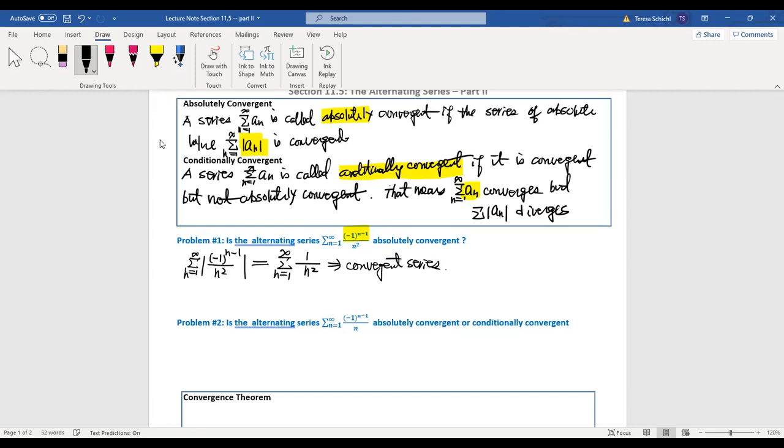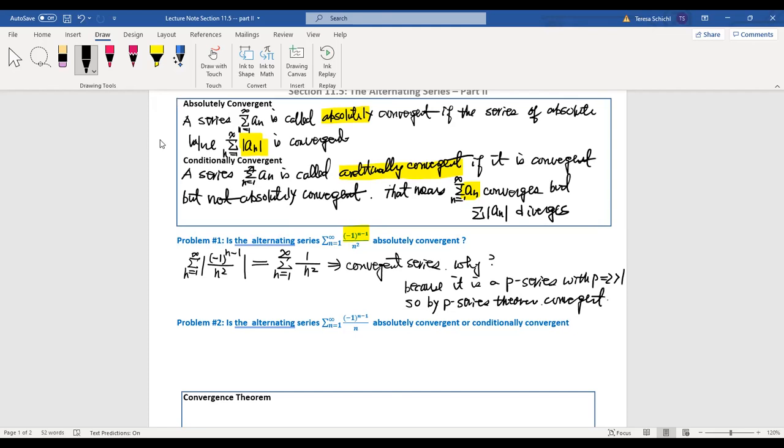Why? Because it is a p-series with p equal to 2, which is greater than 1. So by p-series theory, we know it converges.